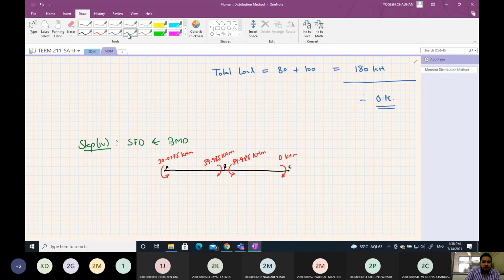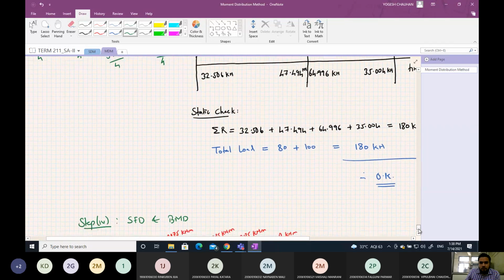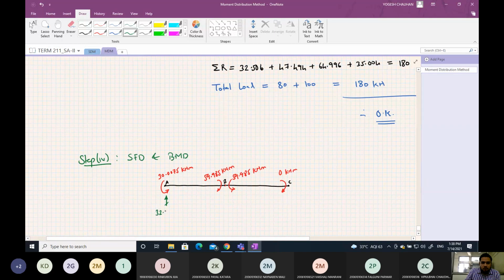Now we write the reactions. The reaction at A is 30.0075, 32.506 kilonewton. The total reaction at B will be 47.494 plus this value 64.996, that is 112.49 kilonewton.